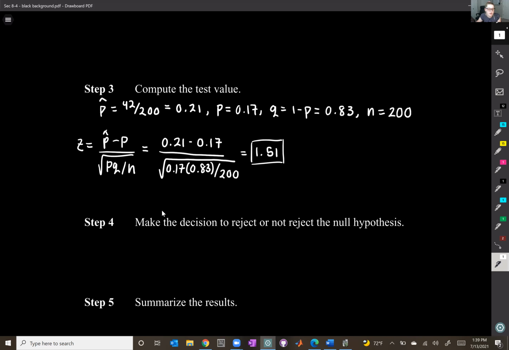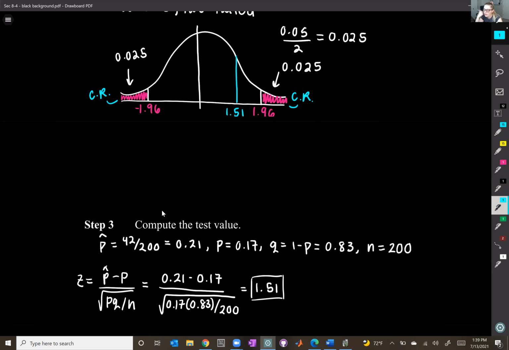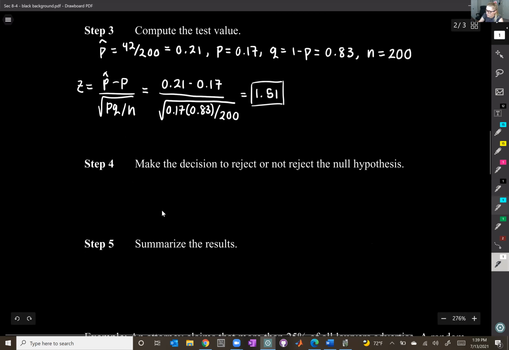So if we come up here, we have to see where 1.51 would be, and that would be about here, maybe. We can see that this doesn't fall in the critical regions. It actually falls in the non-critical region in the middle, which means that we cannot reject the null hypothesis.